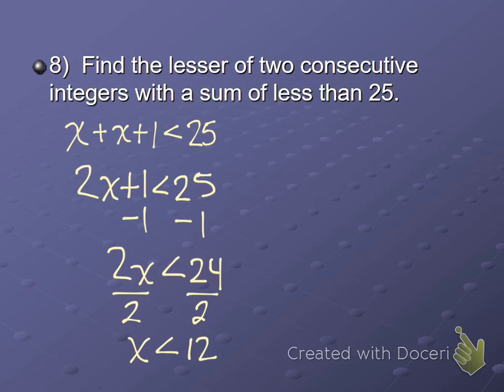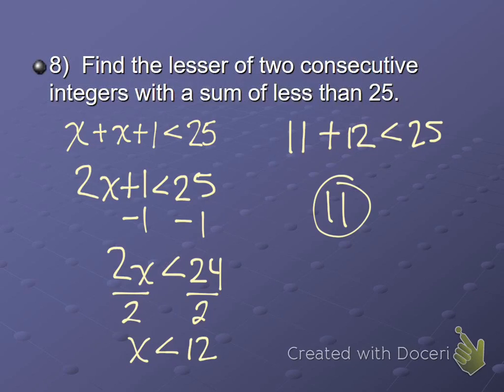So give me a number less than 12. 11. So if we said that x is 11, and then x plus 1 would be how much? 12. That would add up to something less than 25. Right? So my answer could be 11.